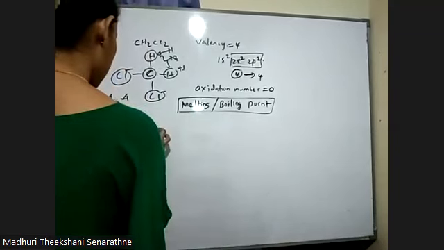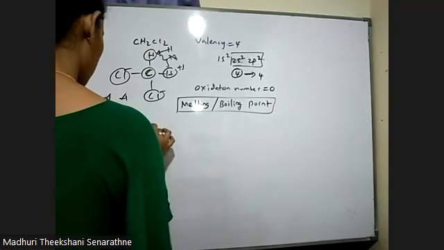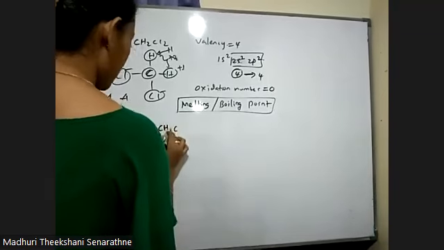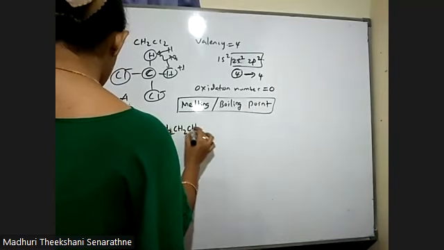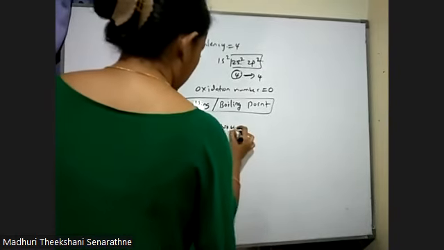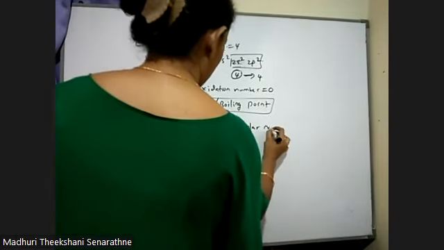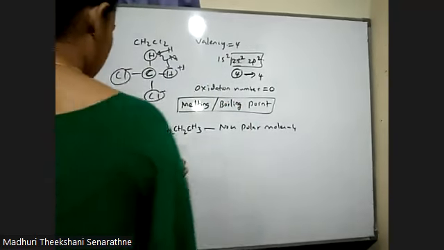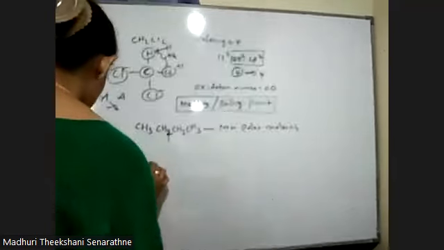Okay, take the 4 molecules: CH3CH2CH2CH3. It is a non-polar molecule. What are the other molecules?